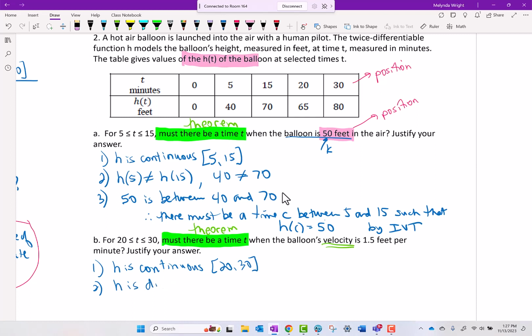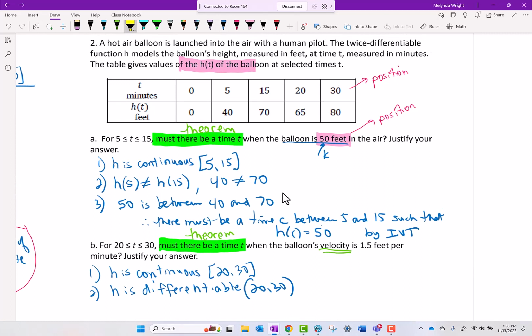Now, we're going to have to look to see differentiable on the open interval, 20 to 30. And this is why I know. I want you to notice these words right here. The twice differentiable function h. This is how I know that h is differentiable, because it told me in the prompt. H is differentiable. I can't just make that up. That's typically why they put that in the prompt, is to tell us, oh yeah, it's differentiable.